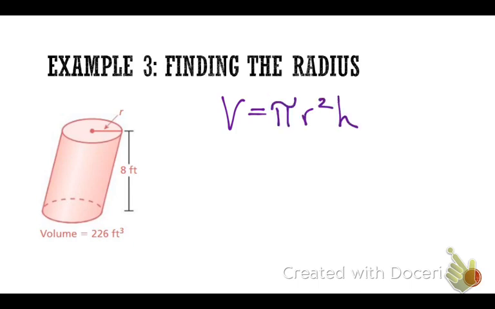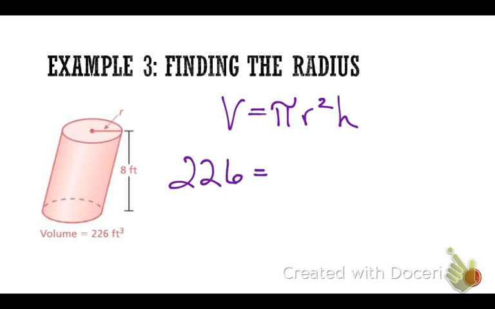Just as a reminder, that's going to be your original formula for all 4 homework problems tonight. V equals pi r squared h. Do I know volume? Yes. What is it? 226.